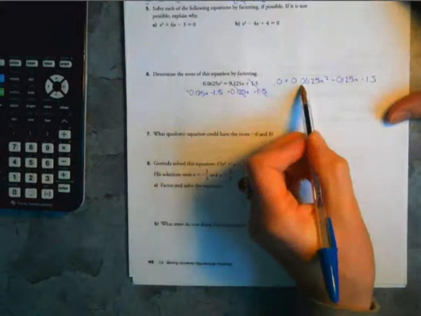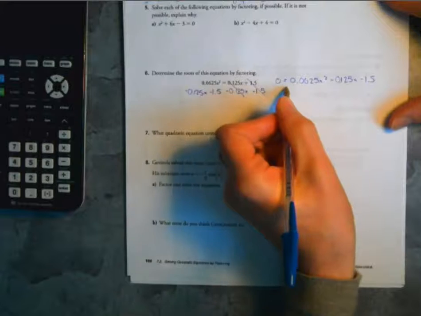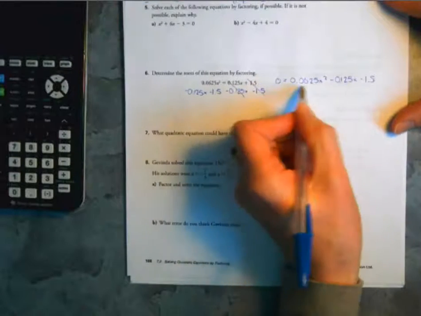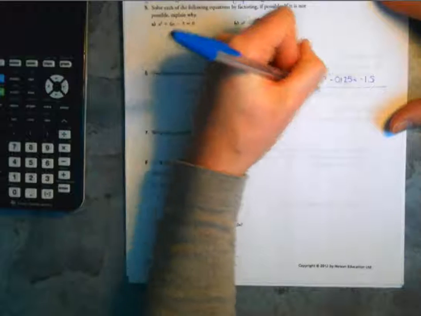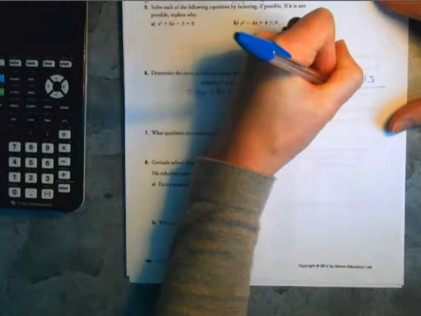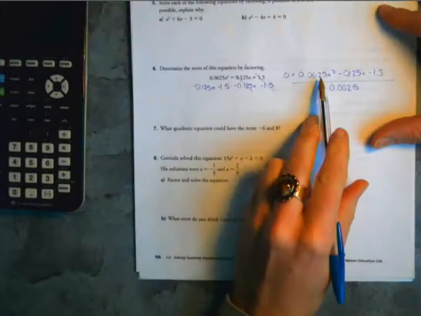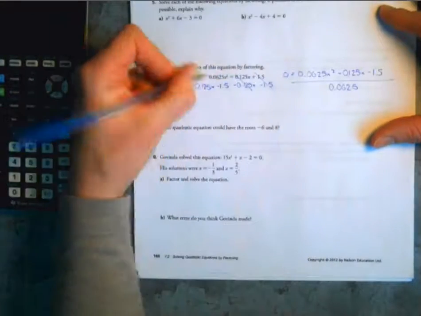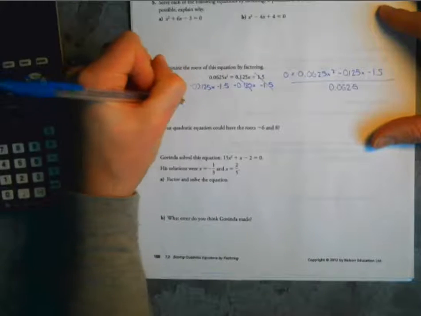So because it's being multiplied, in order to remove it, we would need to divide. And if we divide it out of this term, we need to divide it out of every term. So we're going to divide this whole thing by 0.0625.